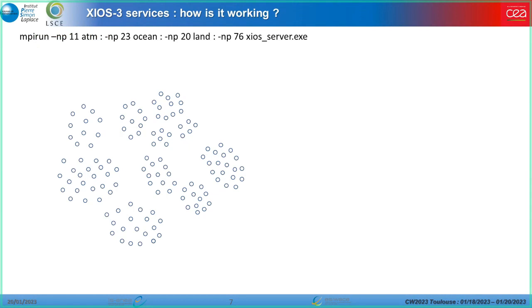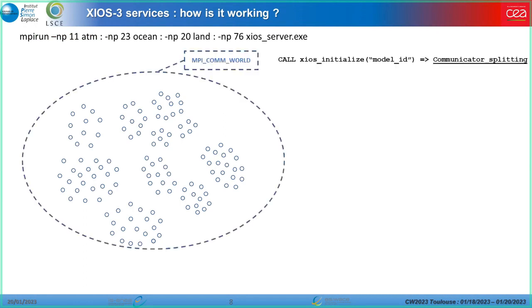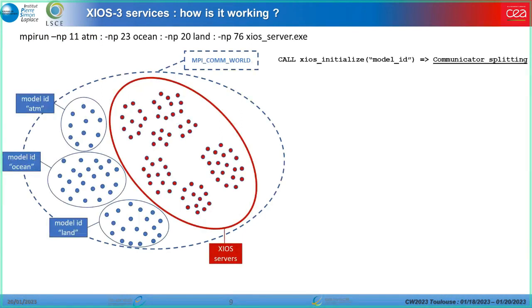Imagine you launch your coupled model with some resources from different models and free resources for the servers. So you have a big pool of resources. At initialization, XIOS splits the MPI world communicator, and each model gets its own communicator, and you have a pool of resources, the XIOS servers, that can be assigned later for specific tasks.